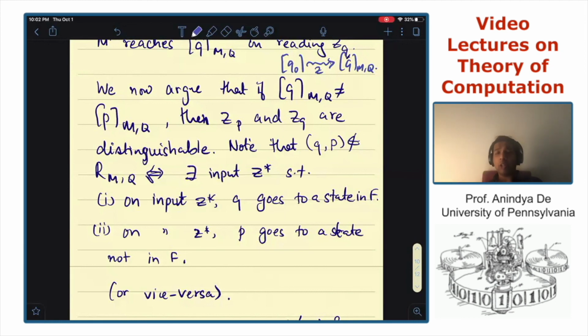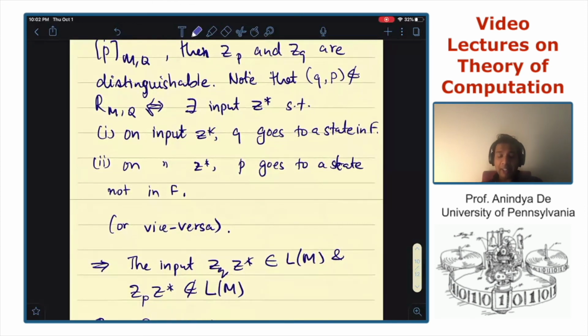So without loss of generality, let's assume this is the thing which happens: on starting from q and reading the string z star, you go to a state in F. On starting from p and reading the string z star, you go to a state not in F.